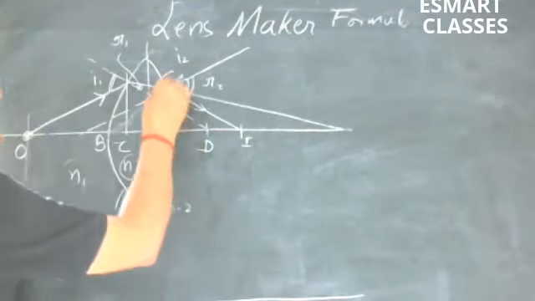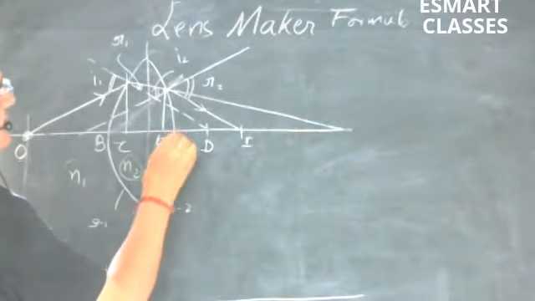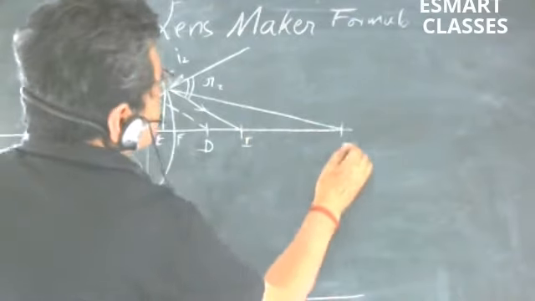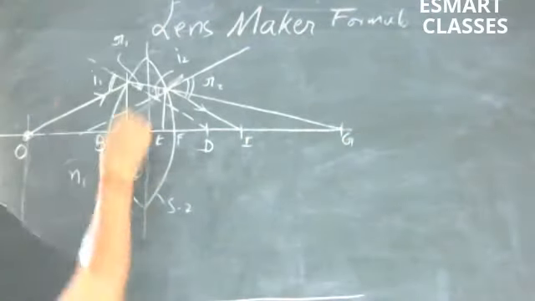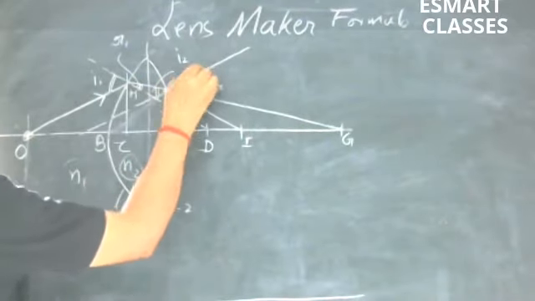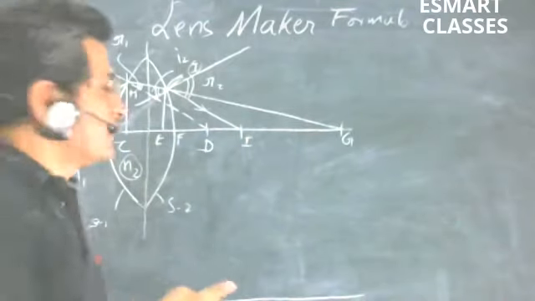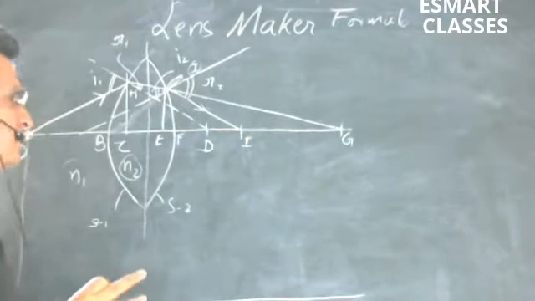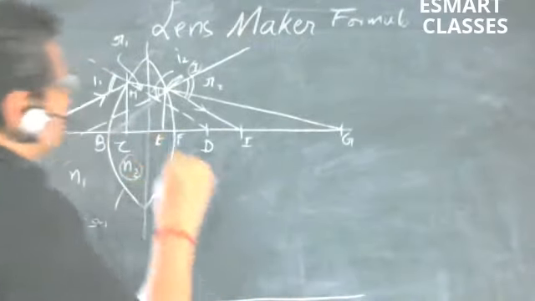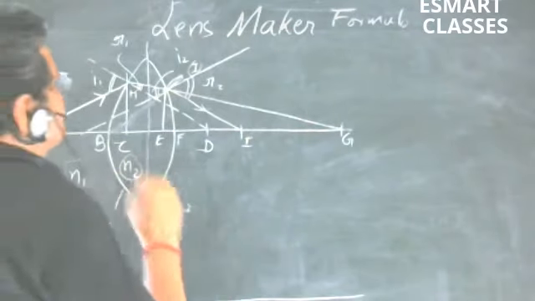Now mark this point also D, let this point be E, this point be F, this point be G, this point be H, and this point be I. There are certain assumptions which you have to make while deriving the lens maker formula, and I would suggest that you write those assumptions when you are solving the problem in the exam.